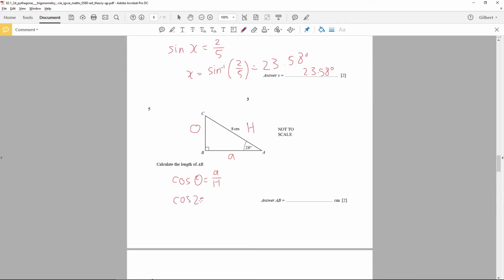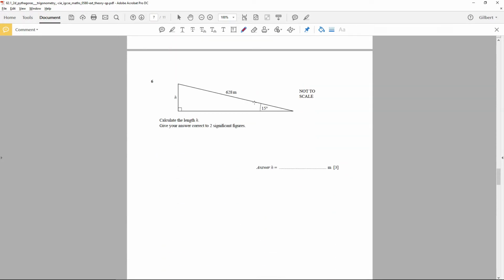Cos 28 equals A over 8. A equals 8 times cos 28. A equals 7.06 cm.